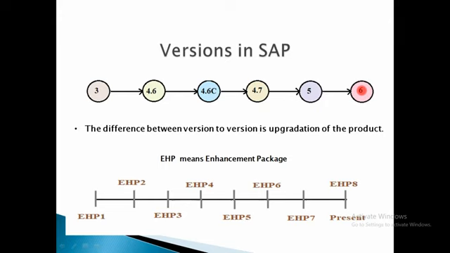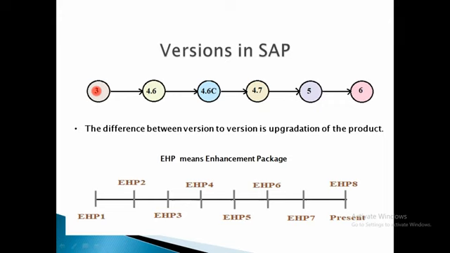See, I'll try to explain why we require so many versions. In the 1980s the version was 3, but the present version is 6.